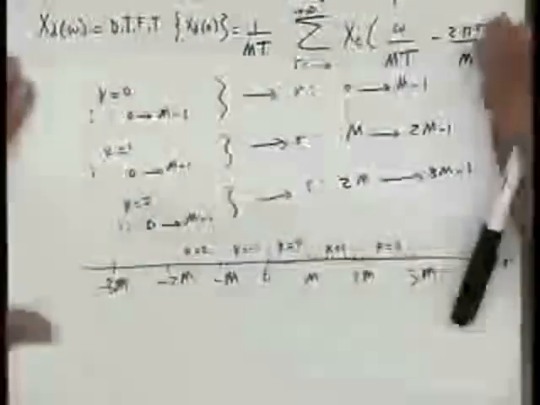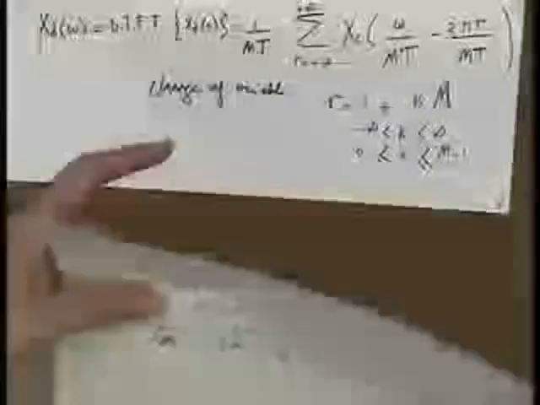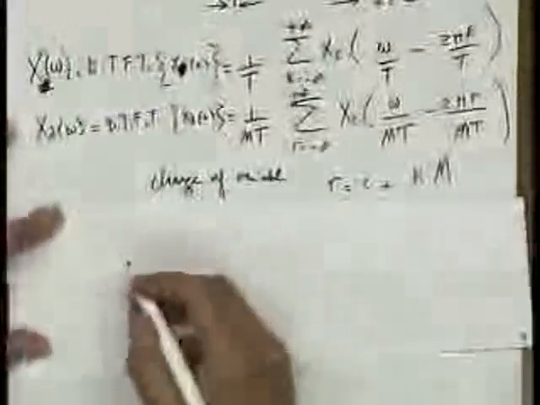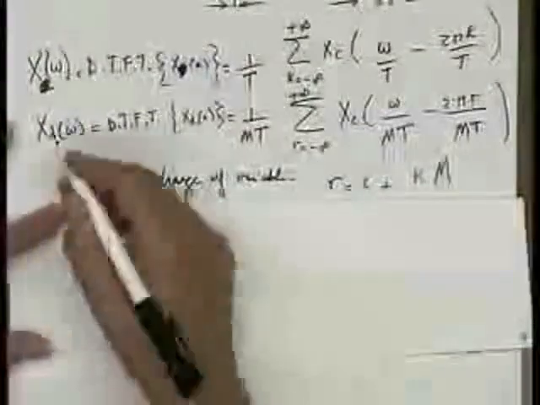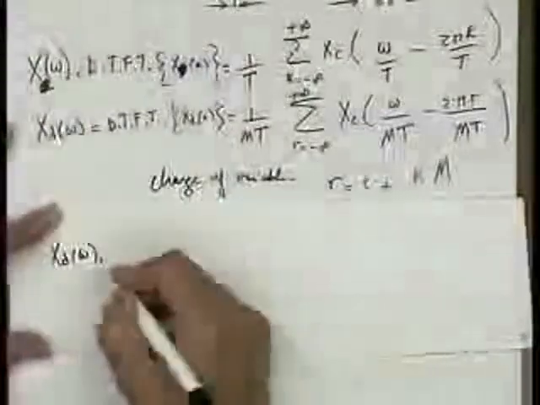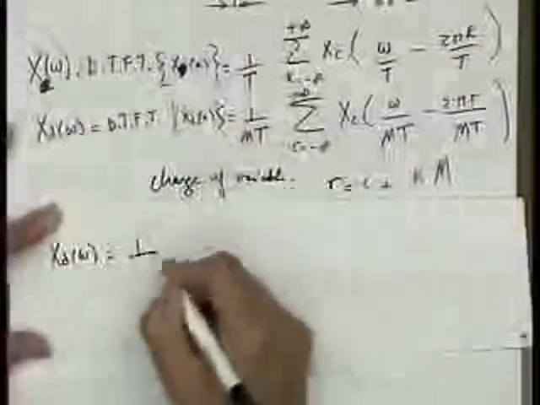And if I do that, what do I end up getting? I'm going to fold this so you can continue to see this. What I get is x sub d of omega, which is the same thing as I had there. It's 1 over M, and now I'm going to have two summations.